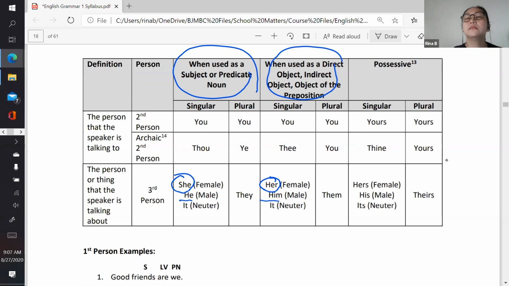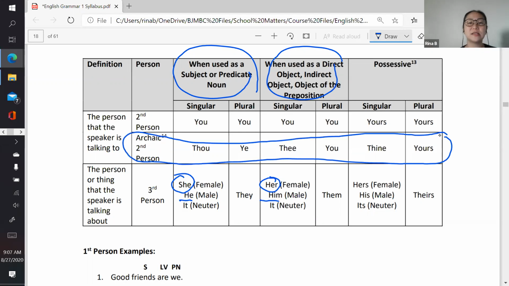One thing I did not talk about last Tuesday regarding personal pronouns is the archaic version. And this is very relevant to us, because we read a lot from the KJV version. So the archaic version of your second person changes if the pronoun is subjective or objective.